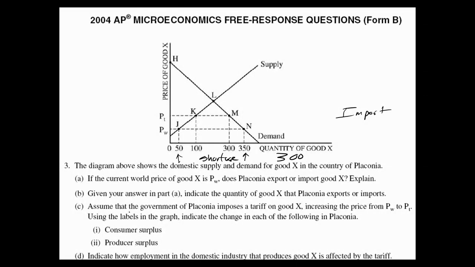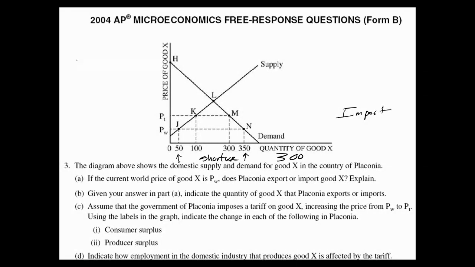Then C says, assume that the government of Plasonia imposes a tariff on the good X that takes us from PW to PT. Using the labels in the graph, indicate the changes of the following. What happens to consumer surplus?